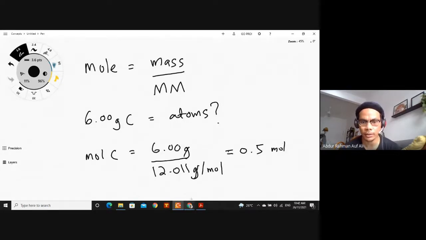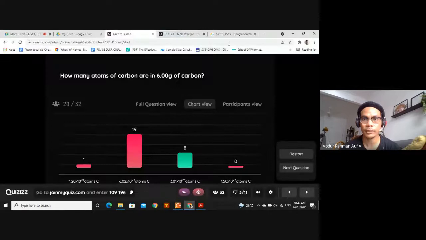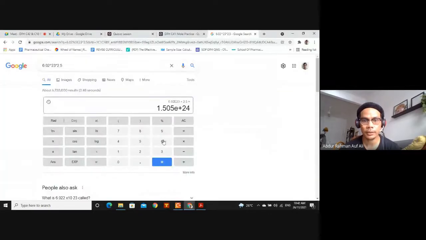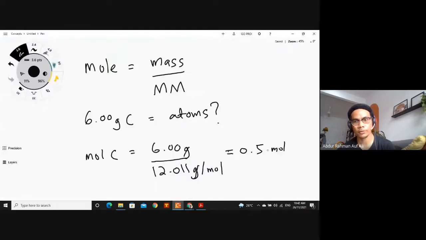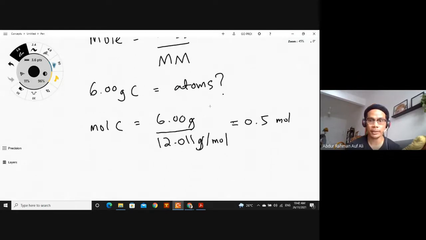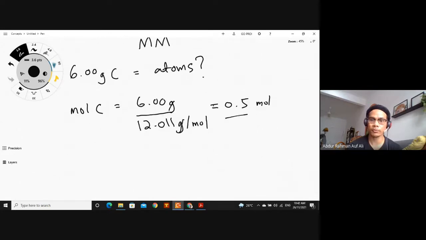But if you want exactly, let me use the calculator. 6 divided by 12.011 is 0.49954. So I just round it to 0.50. So in 6 grams of carbon there is 0.5 mole. This is the amount of mole for 6 grams of carbon.